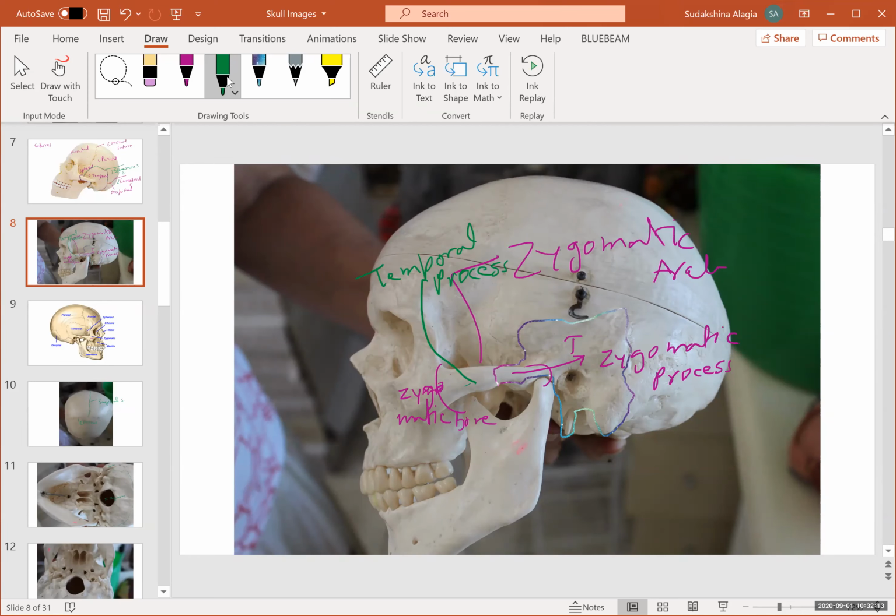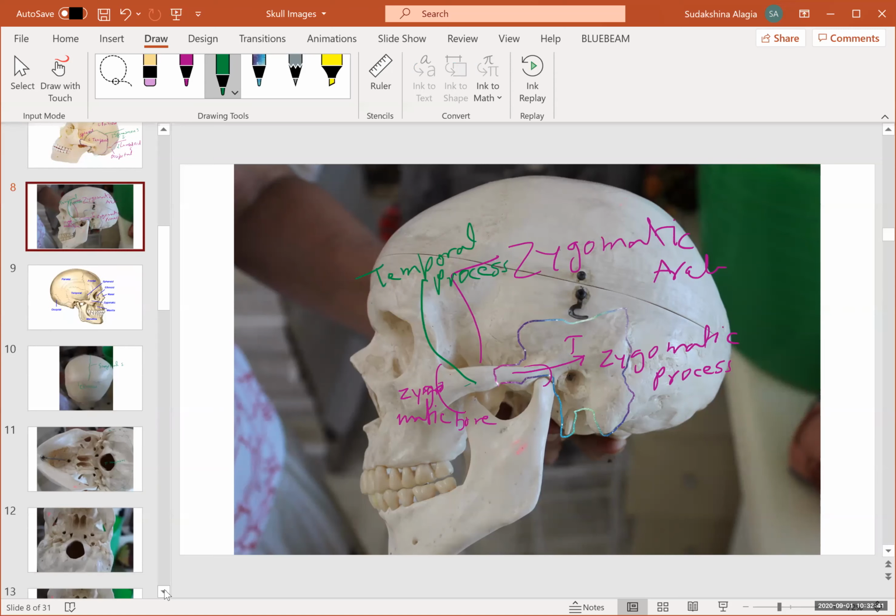So we call it zygomatic arch because it's next to the zygomatic bone. You can feel it with your finger next to your cheekbone. It's made by two long protrusion processes. One coming from the temporal bone, meeting up with zygomatic, so zygomatic process. One from the zygomatic bone, meeting up with temporal bone, so it's temporal process.